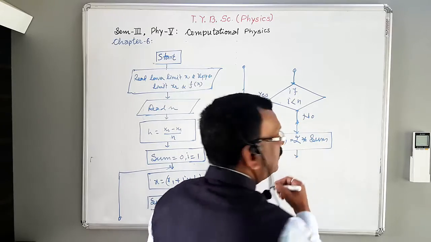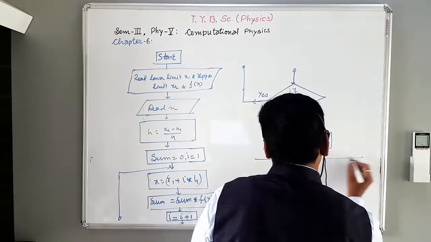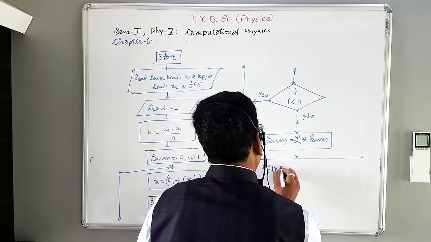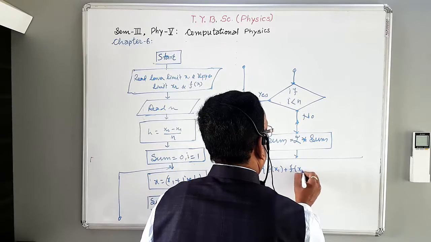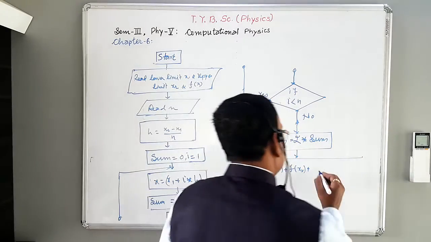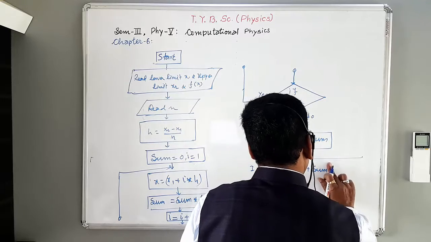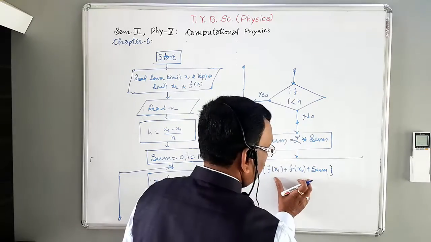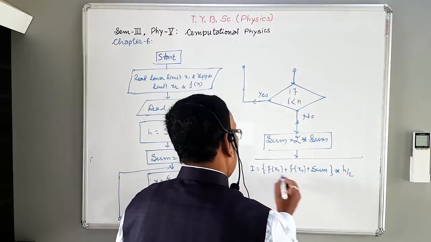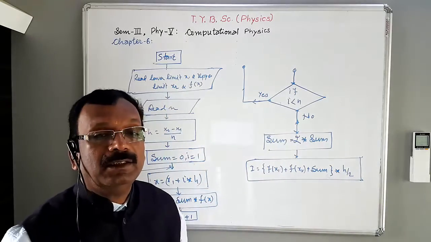Okay. Then simply calculate the integration. I is equal to f of x1 plus f of x2 plus sum, and then multiply by h by 2, and here we calculate the integration.